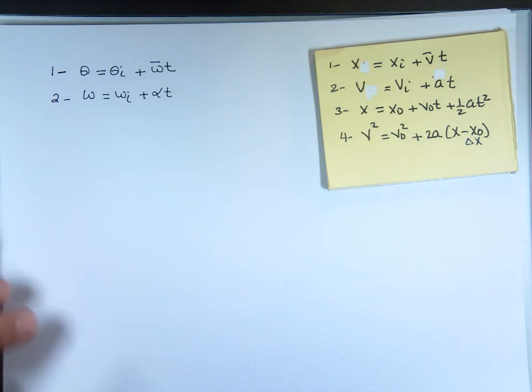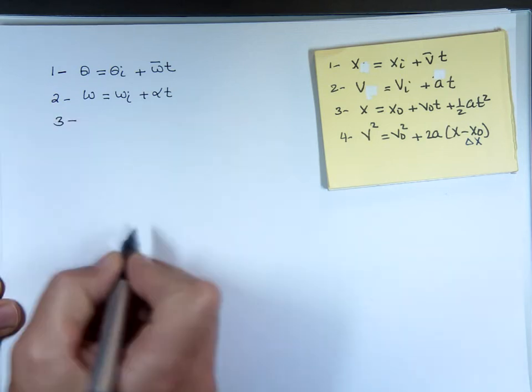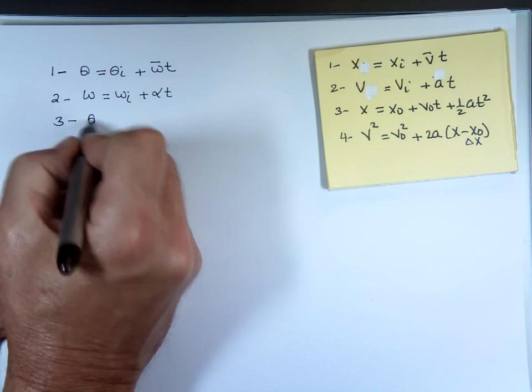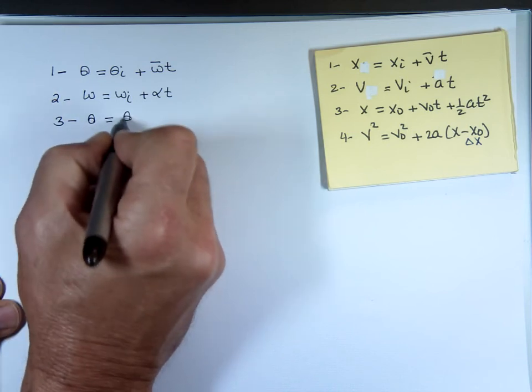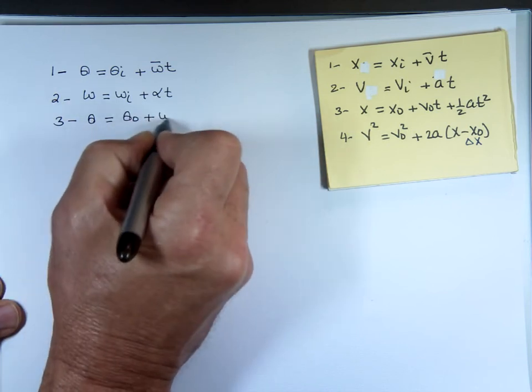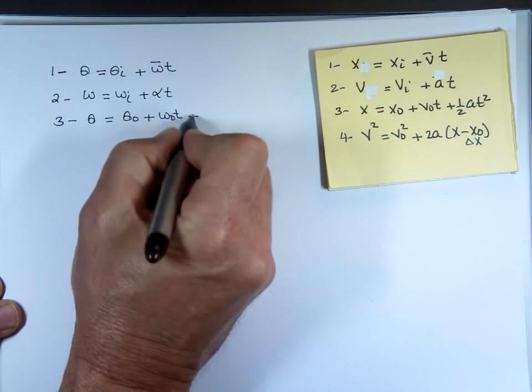Third equation, theta equals theta 0 plus W0 t plus 1/2 alpha t squared.